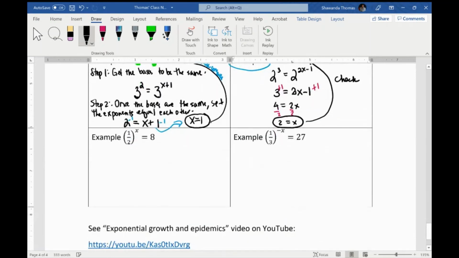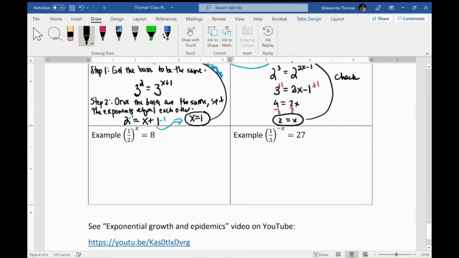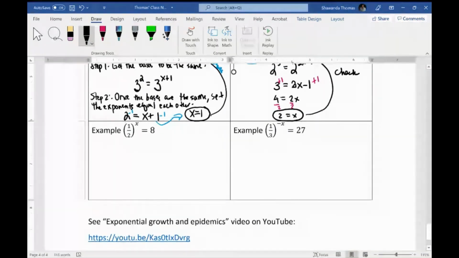Let's go to this example, 1/2 to the x. All right, this is a little bit more challenging, but I'm going to show you what to do so that it's not. All right, 1/2. Would you agree that 1/2 is the same thing as 2 to the -1 power? Yes.